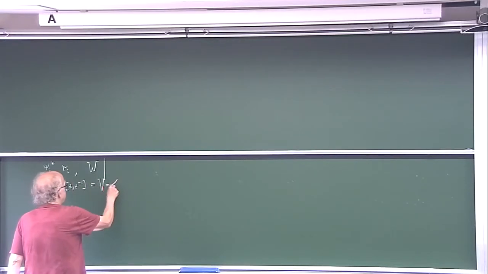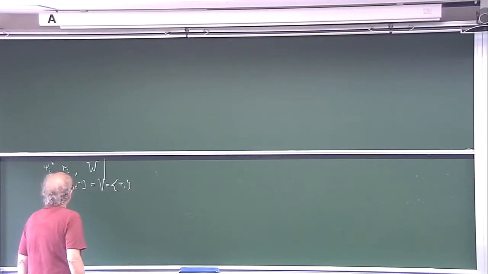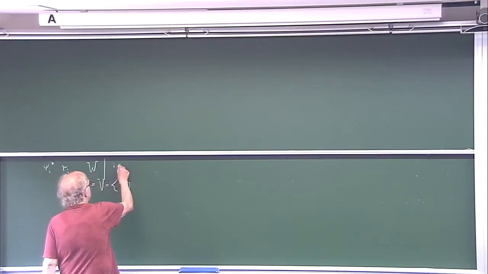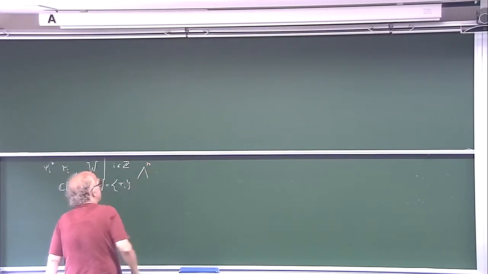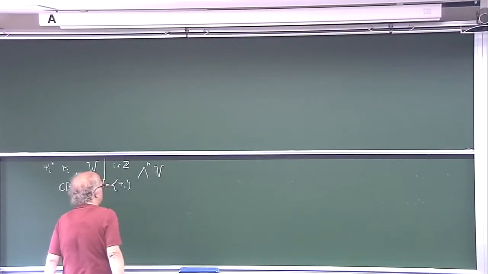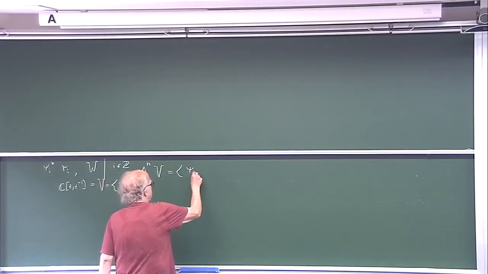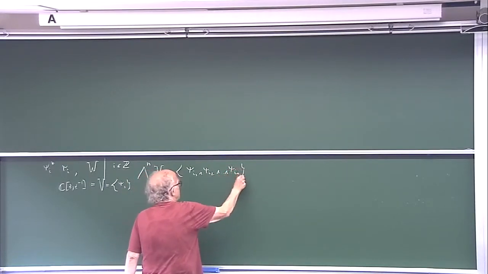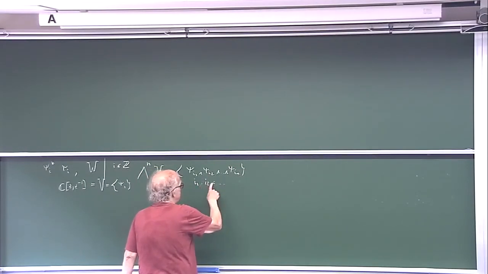It will be just a space where psi_i is the basis, and i belongs to Z. If I consider an exterior power of V, then the basis here is psi_i1, psi_i2, and so on, psi_in, where i1 is less than i2, and so on. Maybe this is the standard choice.